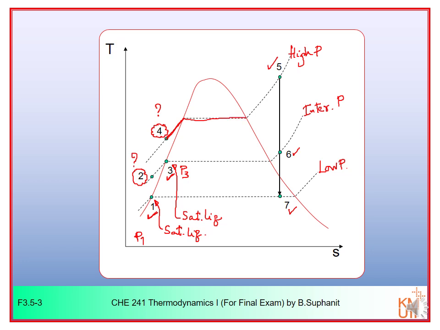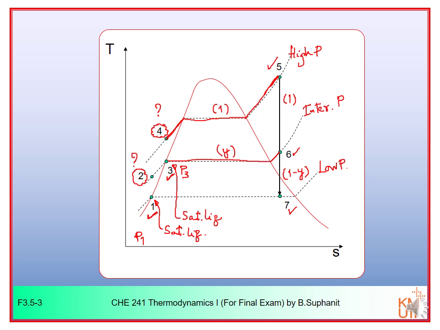The flow rate would be the full fraction of 1. In the first part of the expansion, the flow rate is also 1. In the second part of the expansion, the flow rate would be 1 minus y. The extracted amount would be y here.